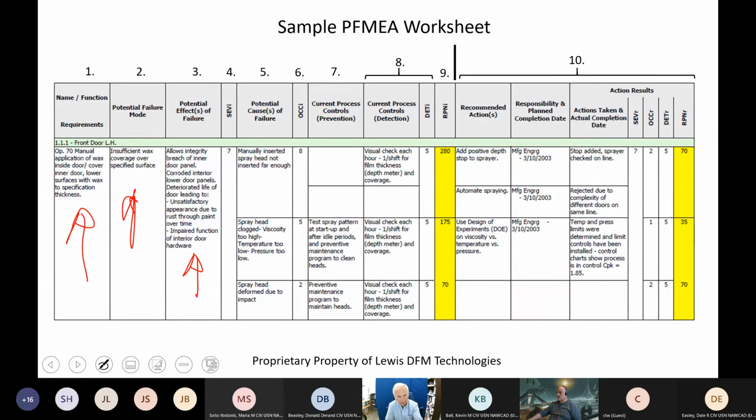So this is the potential failure, all right? The potential effects of one failure, okay? And so with that, we have identified all of the effects of what happens with having insufficient wax coverage inside the door. So what's the severity of this? And if you look at the top here, you'll see SEV-I.